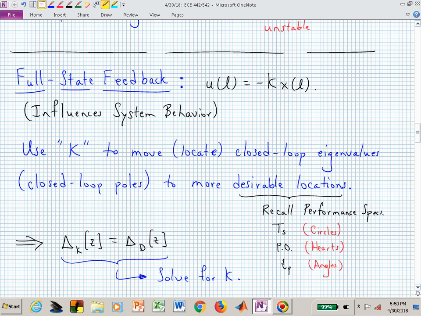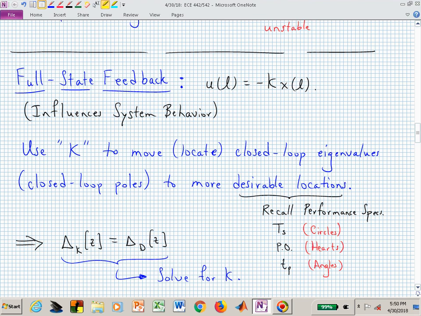Maybe you say, I want a particular type of overshoot, or I want a given settling time. And we know what shapes are associated with those particular performance specifications. Circles, concentric circles, the closer we are to the origin, the faster or the slower our response.